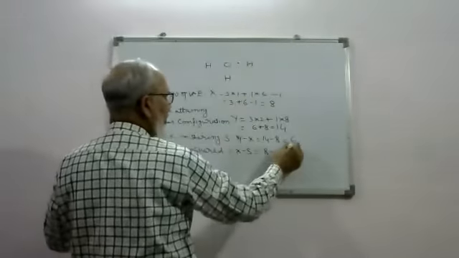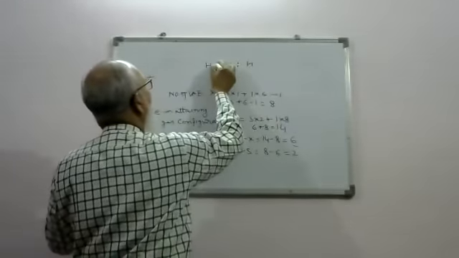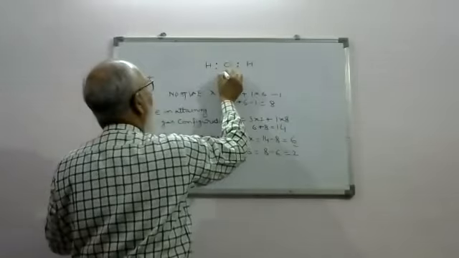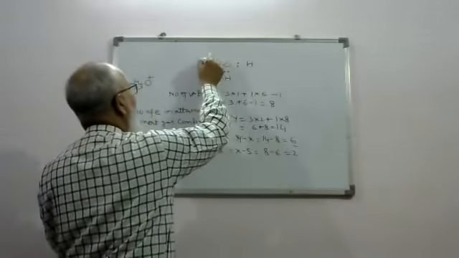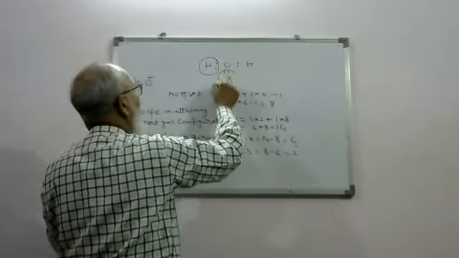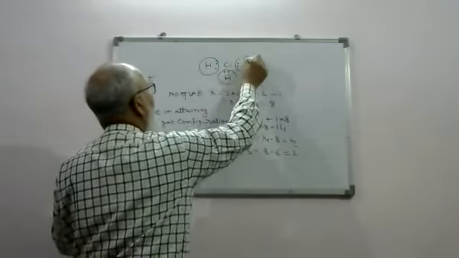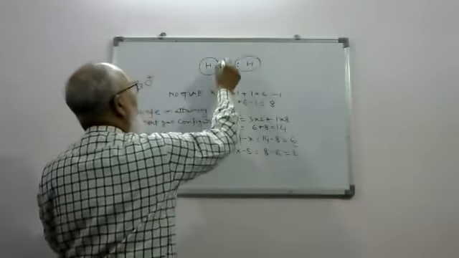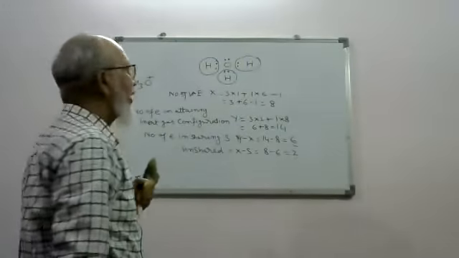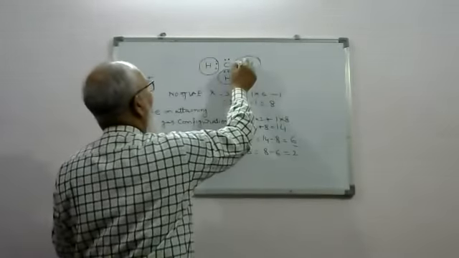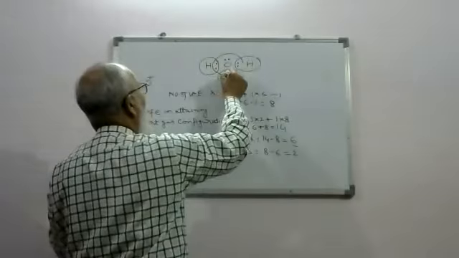6 electrons to be shared. 2, 4, 6. Hydrogen has already completed its duplet, therefore it does not require any more electron. And 2 electrons are left. So these 2 electrons will go on the oxygen atom. That is, this oxygen will carry one lone pair of electrons.